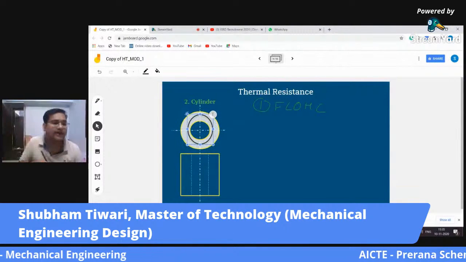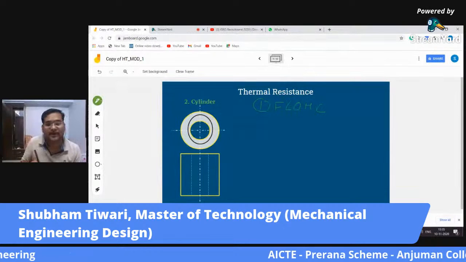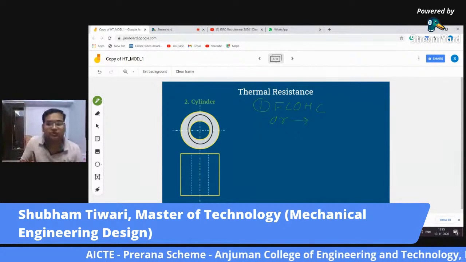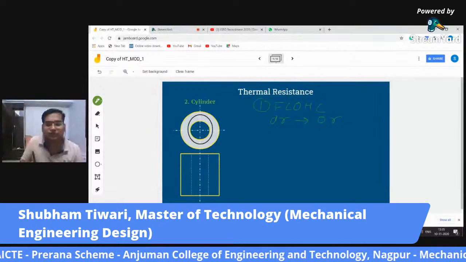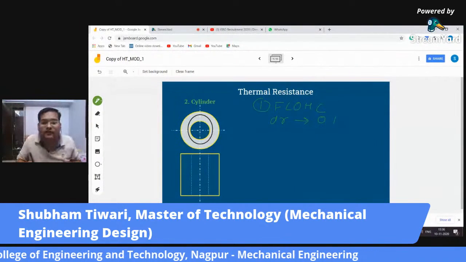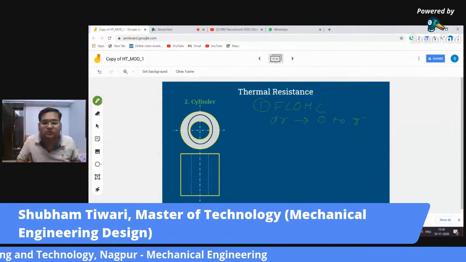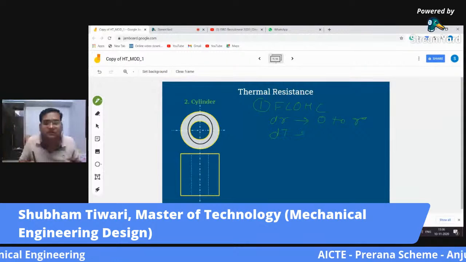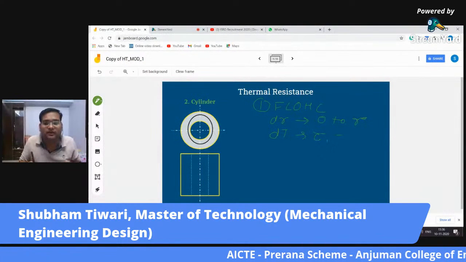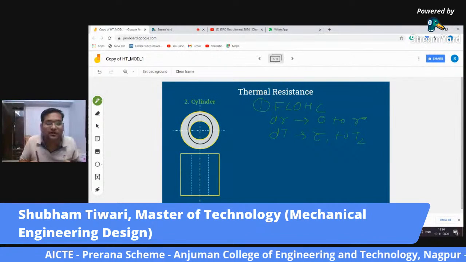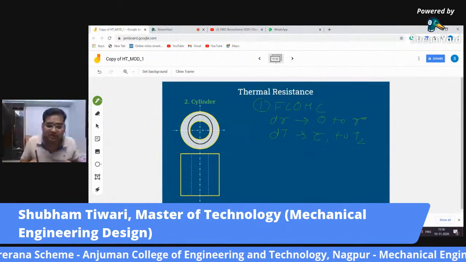This ring will have a thickness dr, and its value will change from 0 to r. Then we will have dT, its value will be from T1 to T2. We have to put these limits, integrate, and find out the value.